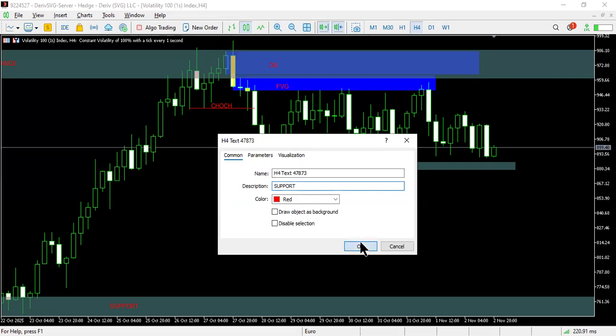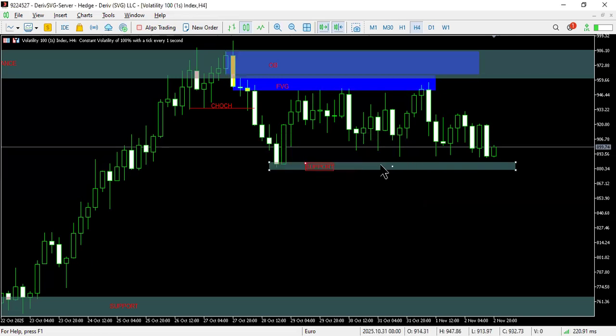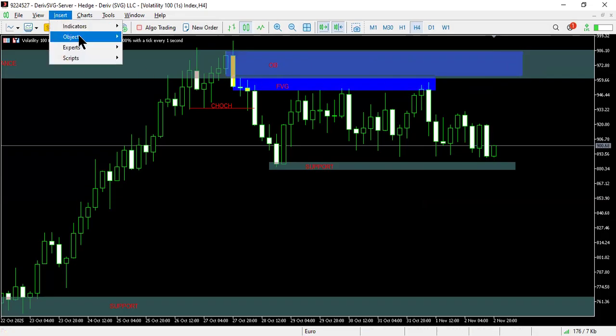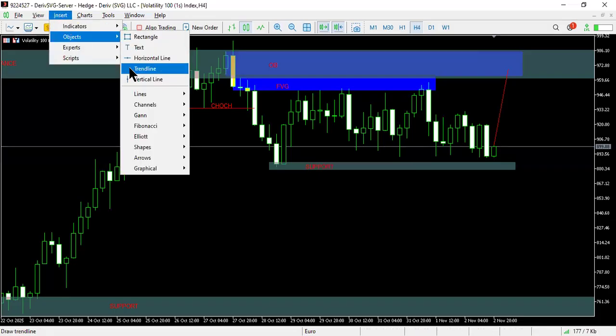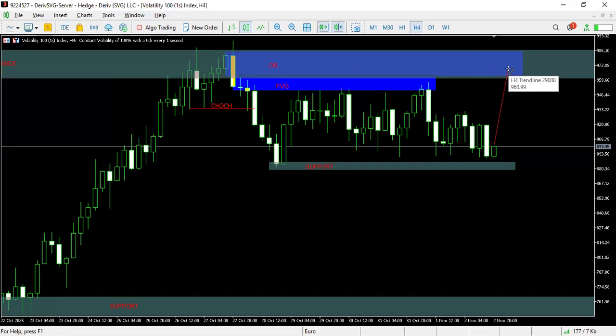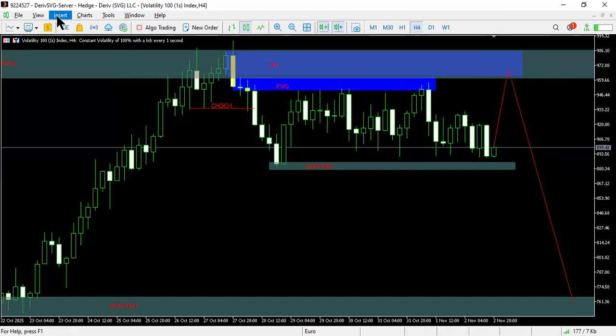But we have a change of character, so that's a good thing. We're just going to be observing what price will do, because since price reacted off FVG, it might go and tap into that order block and then continue pushing down.